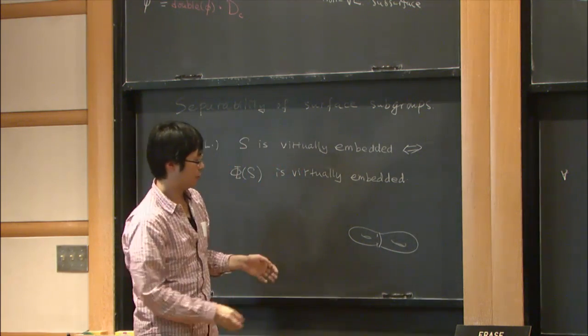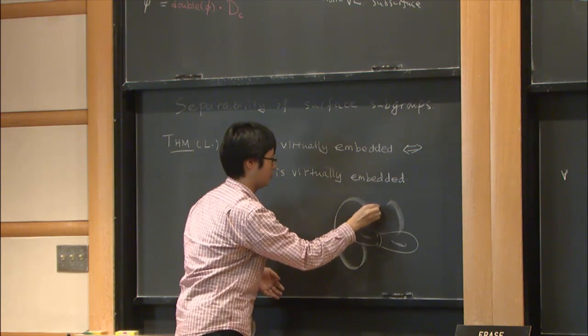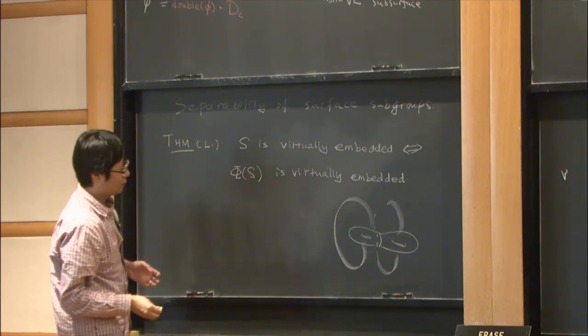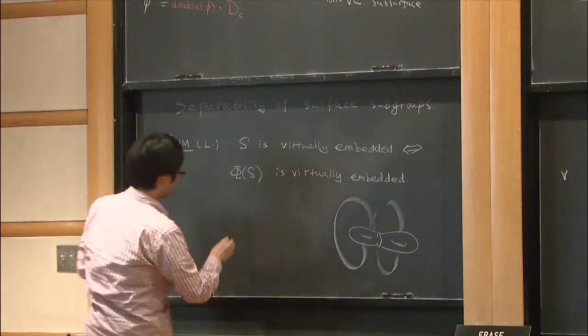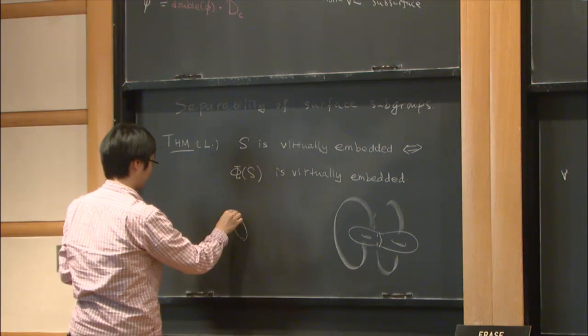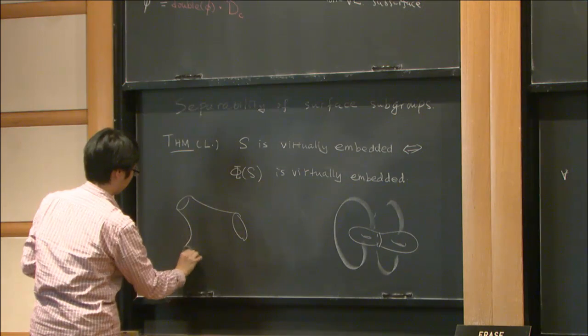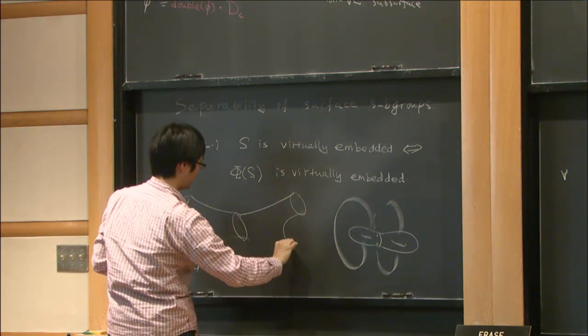Just draw the surface, and you think of it to be a suspension. Okay, so what I do is that I'll first look at a covering of each piece, and then I'll try to match them. In some way like this.